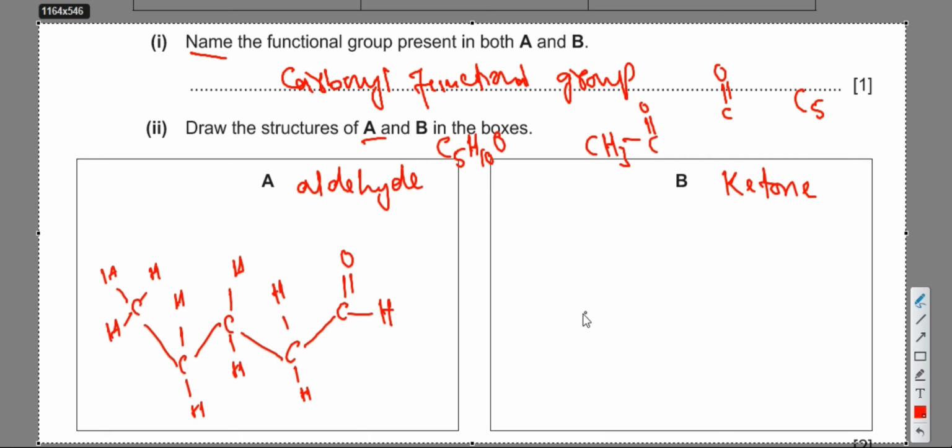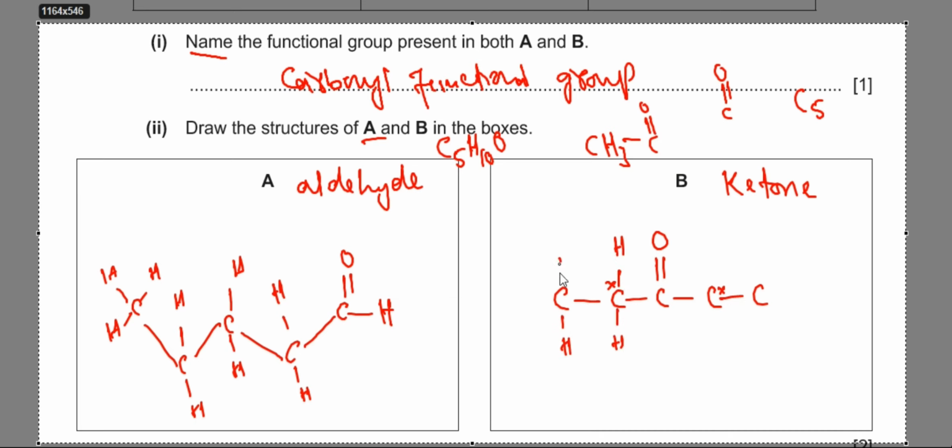If we have 5 carbon atoms, 1 2 3 4 5, the carbonyl group is not at this carbon atom and not at this carbon atom. So the carbonyl group of B is at this position. Now the rest of the bonds should be completed by placing hydrogens. So this should be the final structure of isomer B. Hope you understand that.